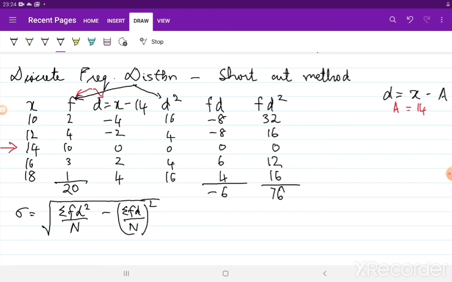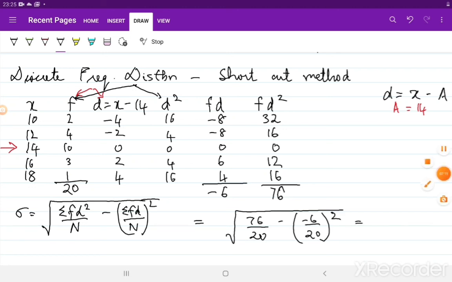So putting all this into the formula, we get sigma as root under 76 divided by 20 minus 6 divided by 20 the whole square, which is equal to, so you can confirm with your calculator that this will come up to root under 3.71, which is equal to 1.92.